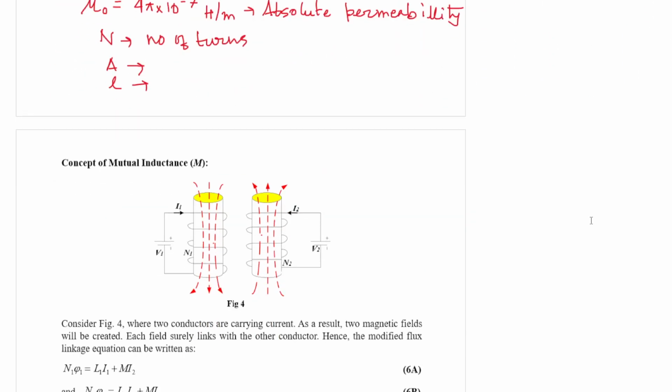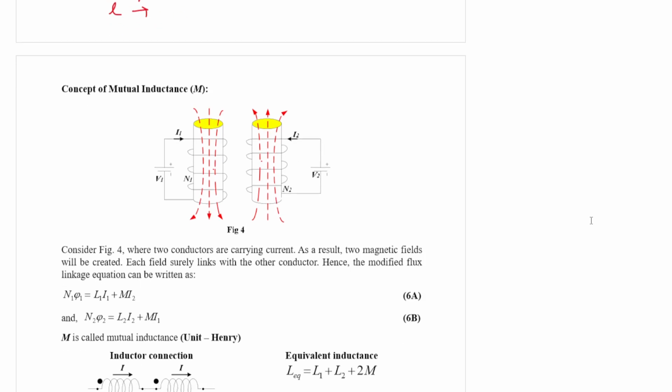Now let us consider another case, that is the concept of mutual inductance. What is mutual inductance? Let us consider figure 4 where you have two conductors or two electromagnets. This is electromagnet 1, this is electromagnet 2.